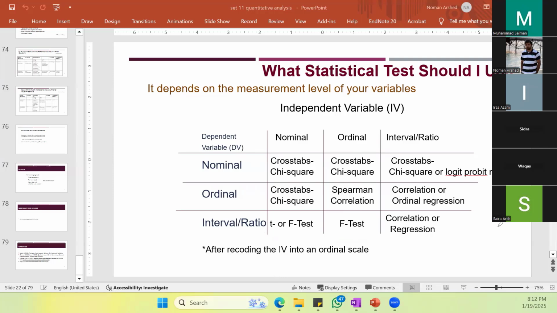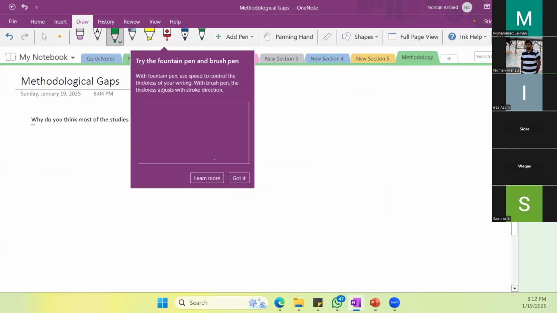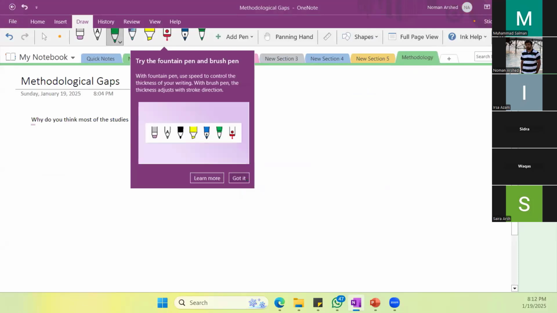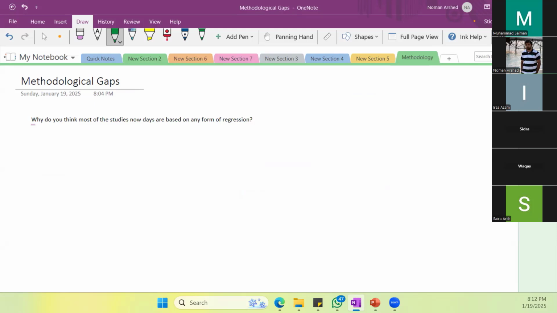So there are two major reasons why. Let's go back to our notepad. I will select a pen from here. There are two major reasons that explain why we end up having regression analysis.